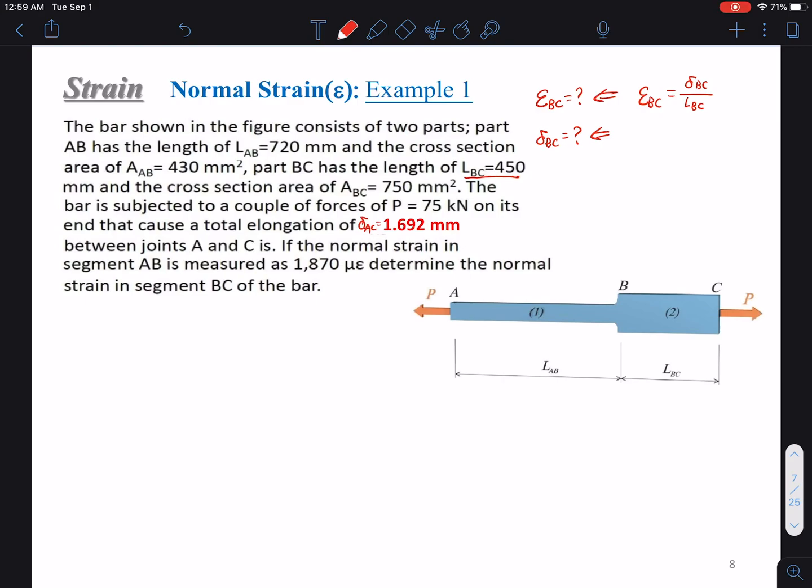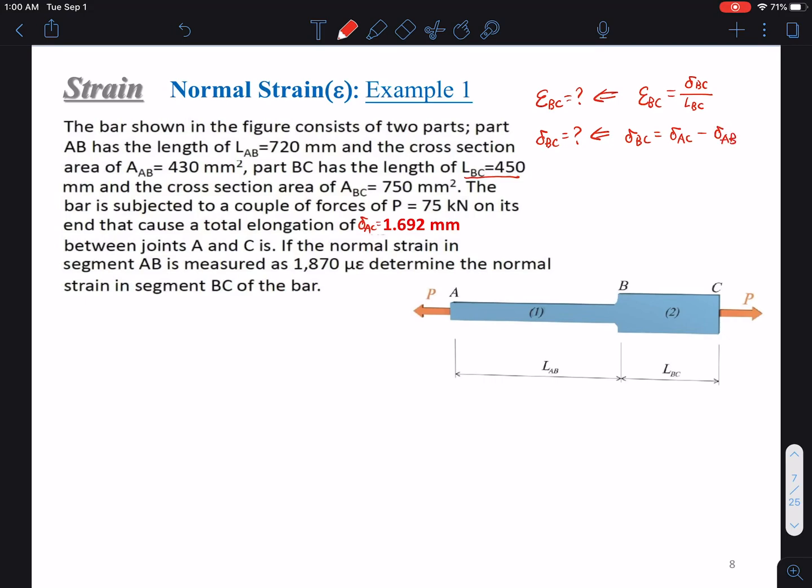So if we know the length change of the other section, AB, then we can calculate delta BC by calculating delta AC minus delta AB. So we can calculate delta BC from delta BC equals delta AC minus delta AB.